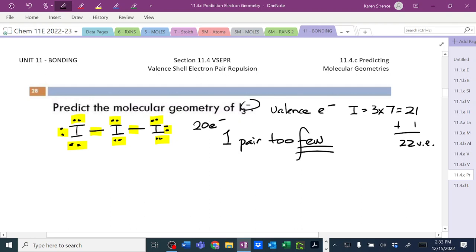What do I do when I have one pair too few? I just add to the middle, so I'm going to chuck another pair on there. Okay, we just threw those extra ones on the middle.